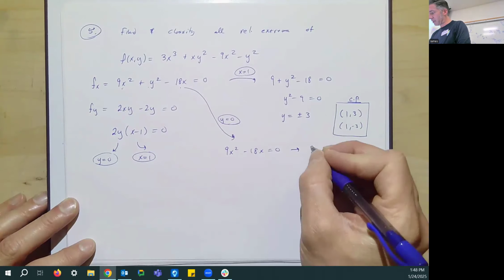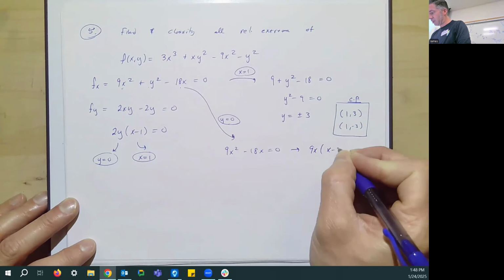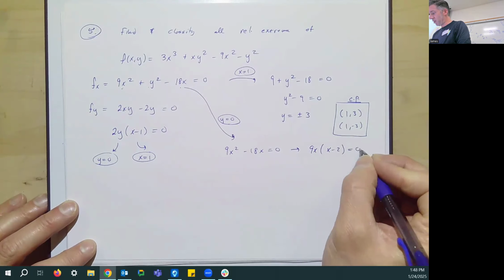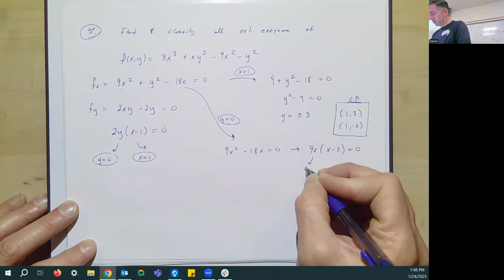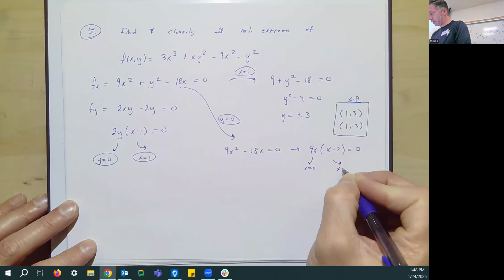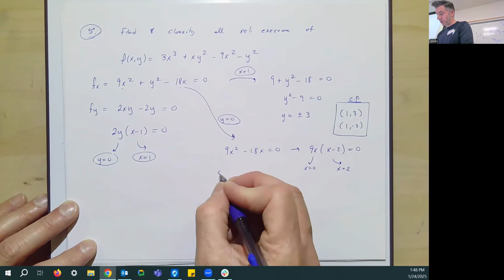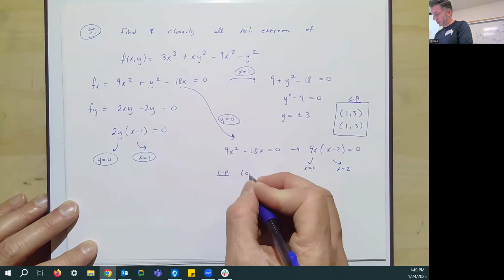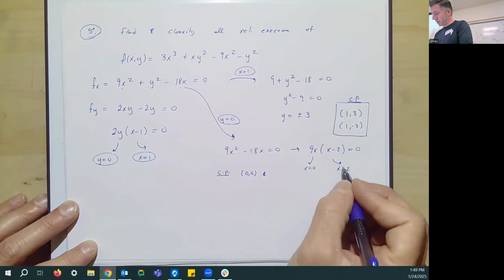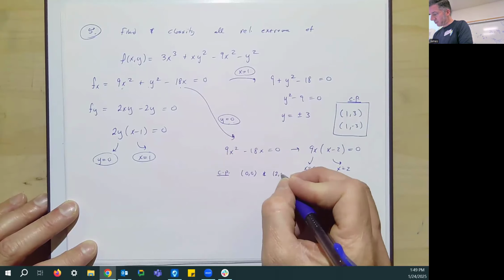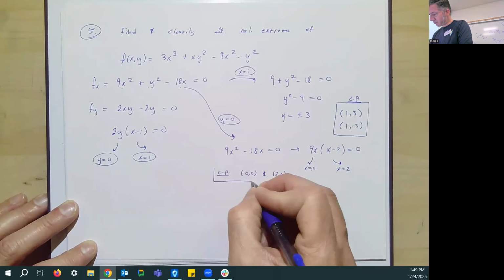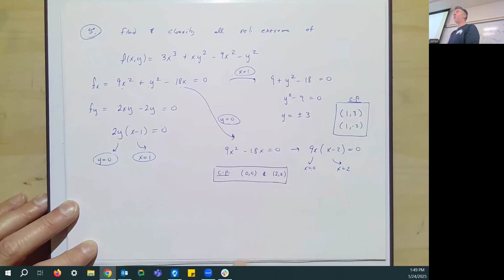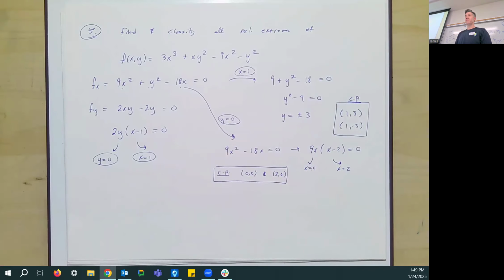Factor out a 9x, I'm left with an x minus 2 equal to 0. So I have either x equal to 0 or x equal to 2. So the other two critical points I'm going to get are x is 0 and y is 0, and x is 2 and y is 0. So I have 4 critical points.